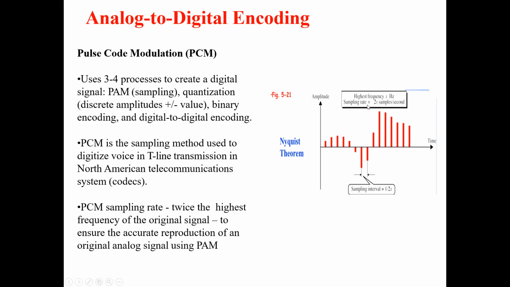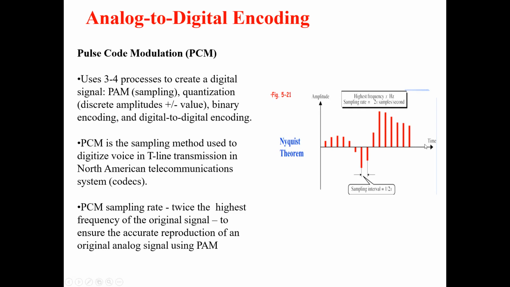The sampling rate is equal to 2x samples per second for the highest frequency. The sampling interval is the difference between this and this. This is the Nyquist theorem. PCM is the sampling method used to digitize voice in T-lines transmission in North American telecommunication systems.